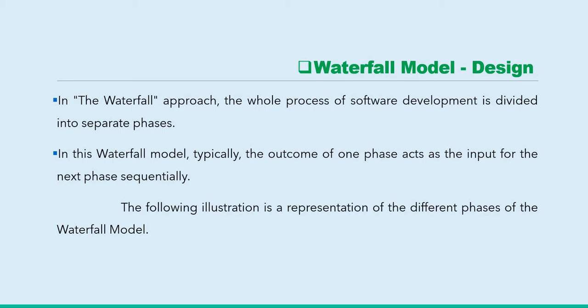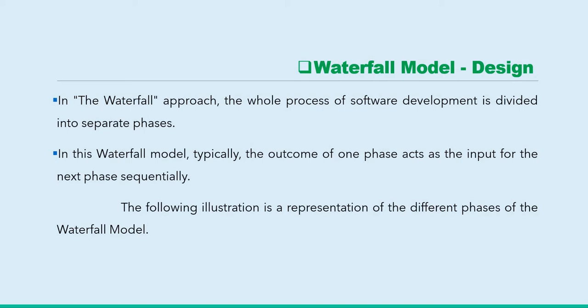That means the output from one phase will act as the input of the following phase. For example, the output from the planning phase will act as the input for the analysis phase, and so on. The following illustration is a representation of the different phases of the waterfall model.